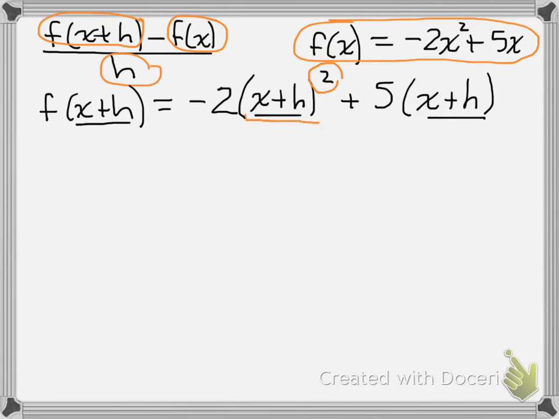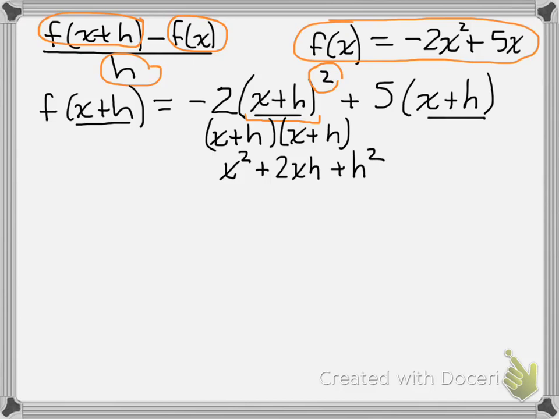So we need to take this x plus h and we need to square it. So if you'll remember your foiling, we're going to take x plus h and multiply it by itself. So when you FOIL that out, you're going to get x squared plus 2xh plus h squared.